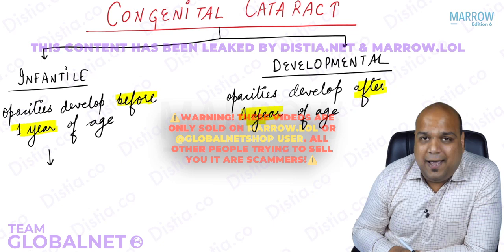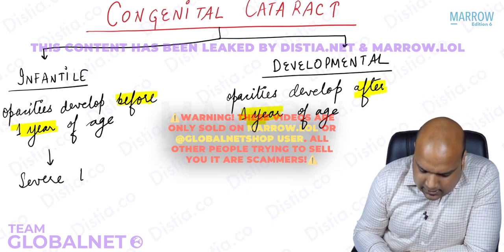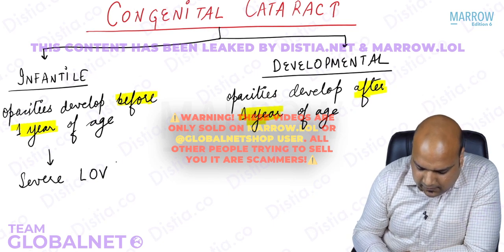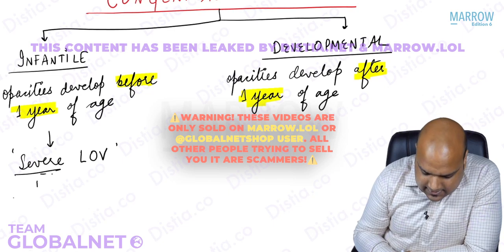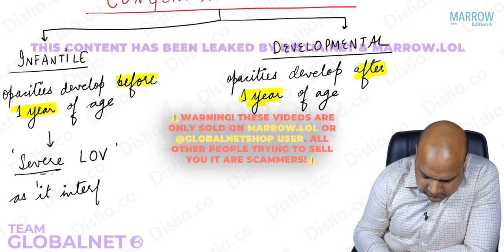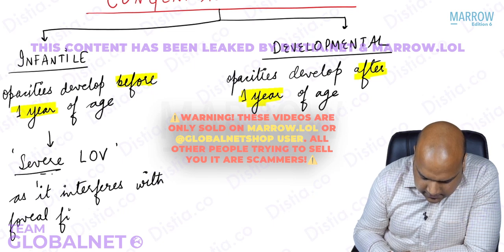The answer lies in the fact that if there is infantile cataract, it usually causes severe loss of vision. Why? As it interferes with foveal fixation.